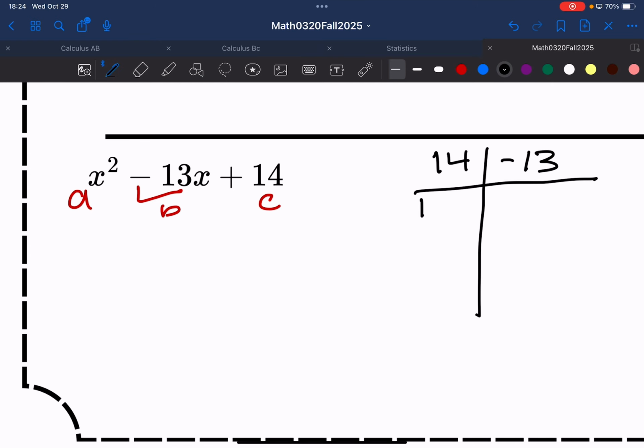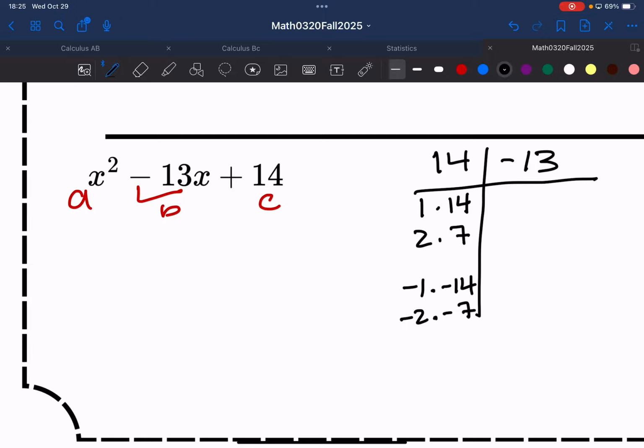So we know 1 times 14 is 14 and 2 times 7 is 14. And then of course we can also make both of those terms negative. So we could try a negative 1 times a negative 14, a negative 2 times a negative 7, right? We turn them both negative.